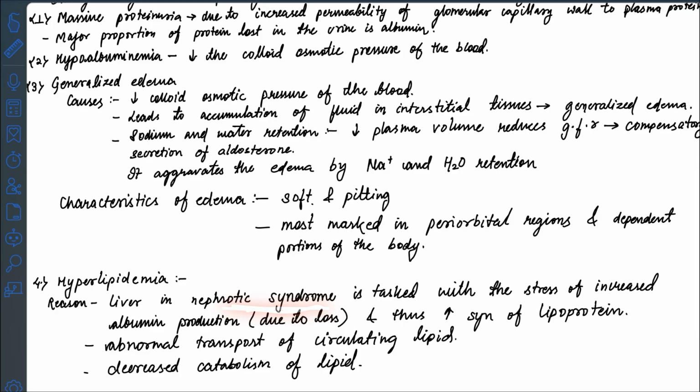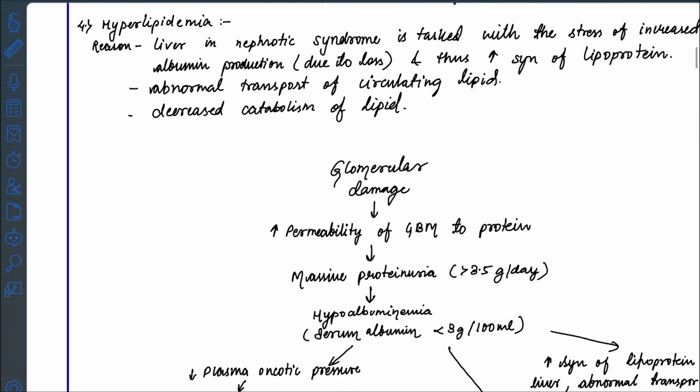Already there is massive proteinuria going on, we are losing albumin, and due to this loss liver is taxed with the stress of increased albumin production, and there is increased synthesis of lipoprotein. So albumin production का task liver पे बढ़ जा रहा है, liver has to produce more and more lipoprotein now, and it also lead to abnormal transport of circulating lipid and decreased catabolism of lipid, जो कि collectively cause करता है hyperlipidemia.